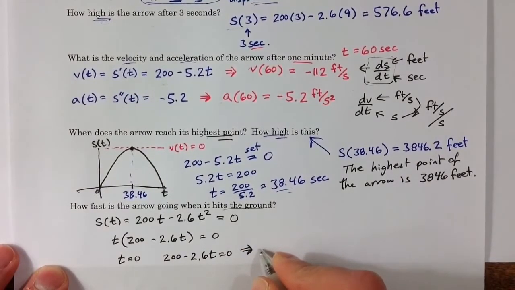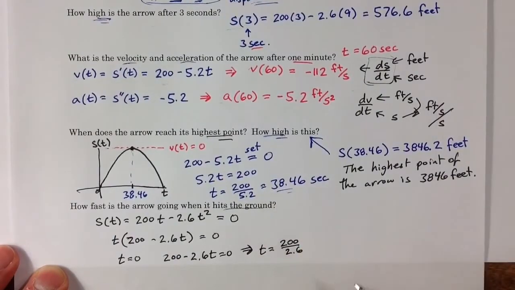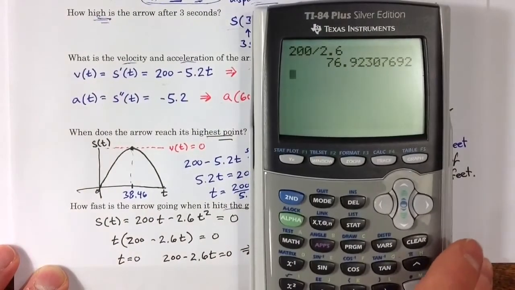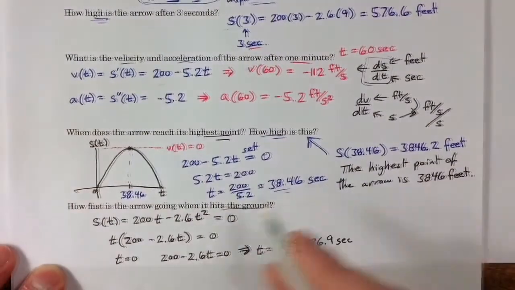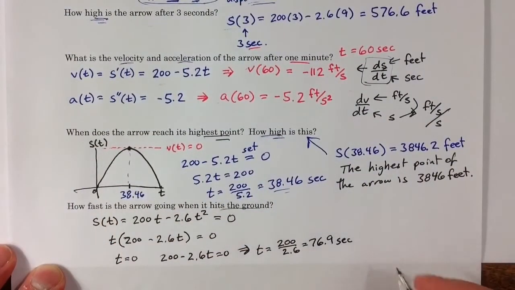And so, working through the steps here, we end up with t equals 200 divided by 2.6, in a way similar to the solution up here. And so if I take 200 divided by 2.6, we get 76.9. That's the amount of time that it takes to go up and back down.